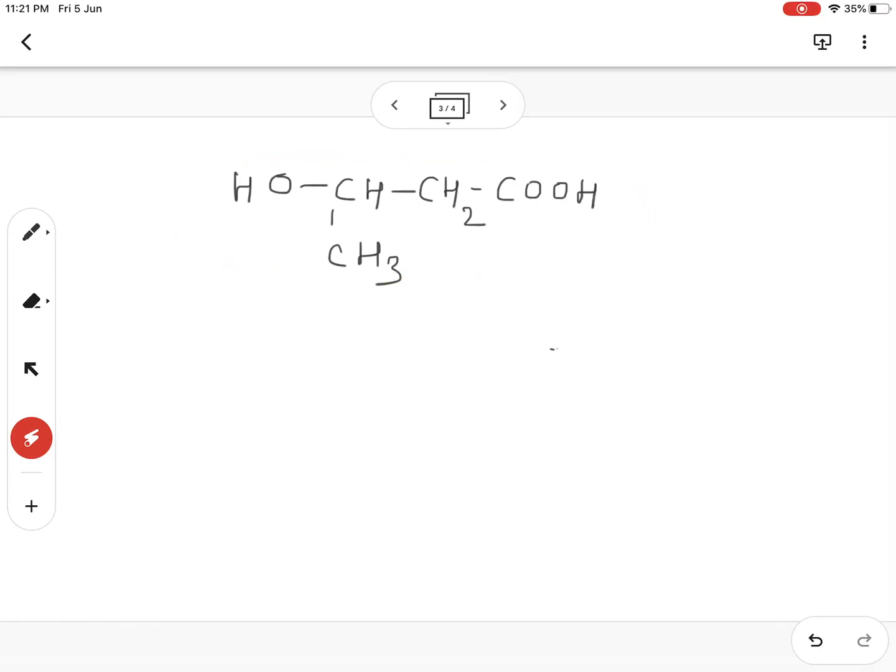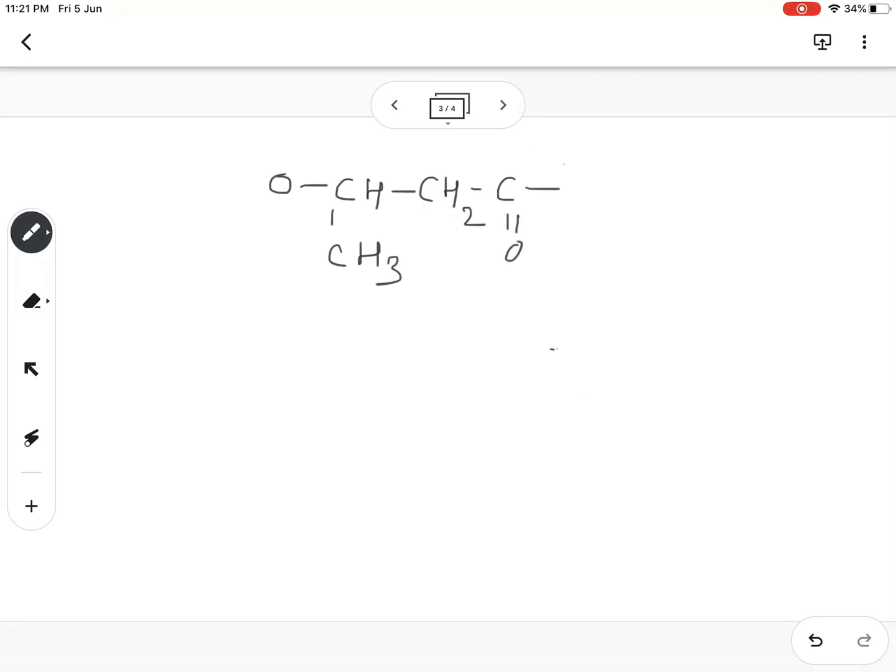So we will write the polymeric form of this structure. A hydrogen is removed from here and a hydroxyl group in the form of water, and now we can write the structure of this molecule.